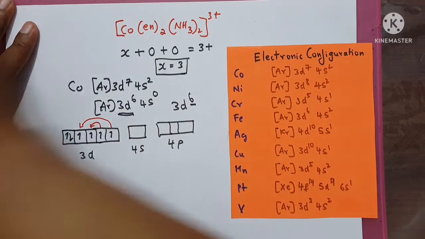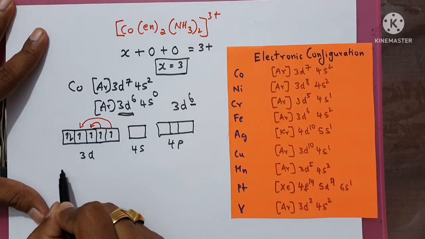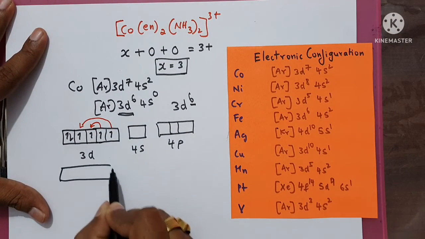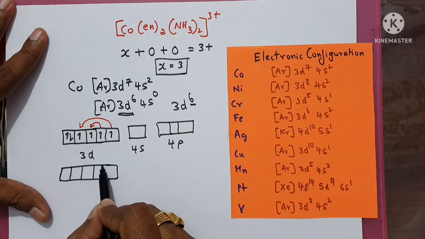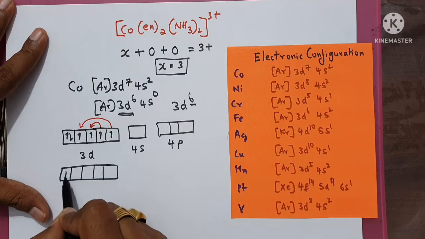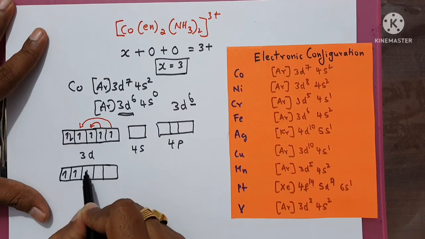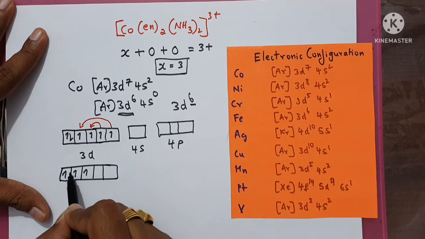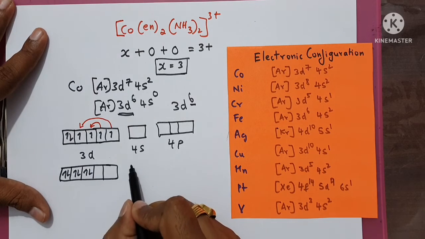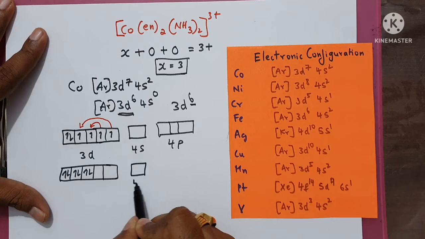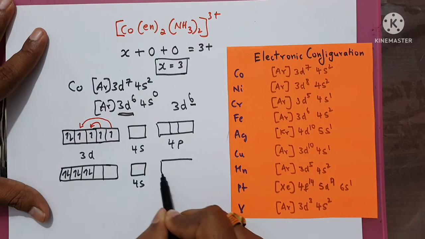Then in the next step, after the shifting and pairing of electrons, here is what is left: 1, 2, 3, 4, 5, 6. And here we have 4s, and we are left with 4p.